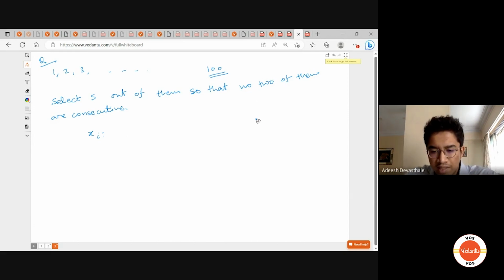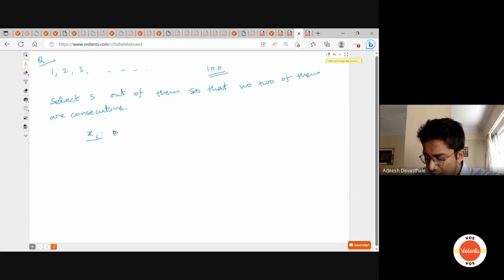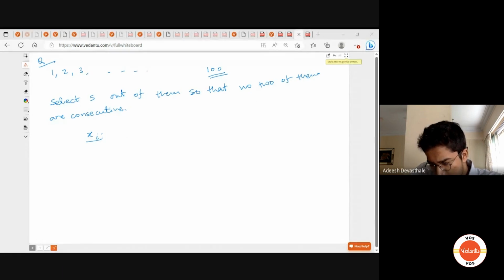And lastly, let x6 denote the gap between the last chosen element and 100, basically the last element of this set. So now I think I have this equation: x1 plus x2 plus x3 plus x4 plus x5 plus x6 equals, there are a total of 100 elements, so out of that you're taking out 5 elements, so 100 minus 5, which is 95.